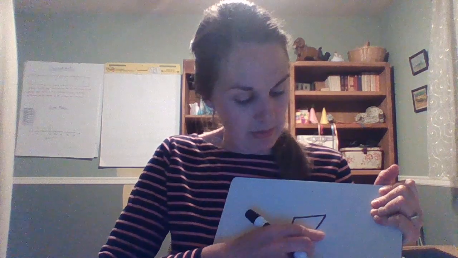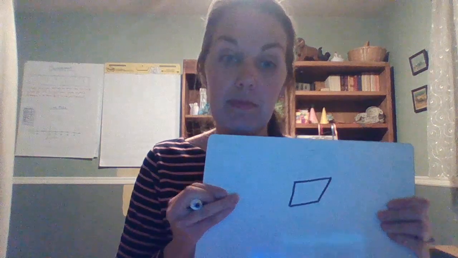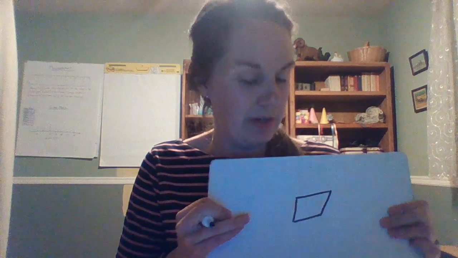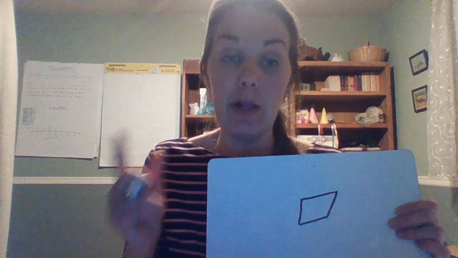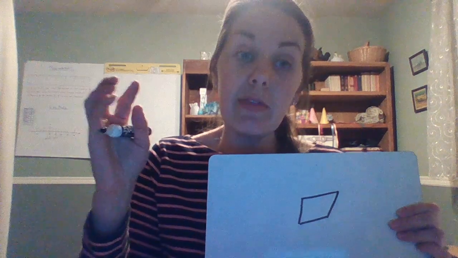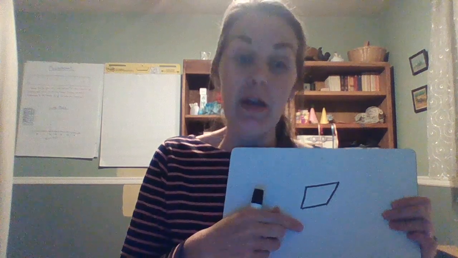So a parallelogram is just one type of polygon. Under that definition, we call it a quadrilateral because it has 4 sides. And under that category, we call it a parallelogram because it has 2 pairs of parallel lines that will never meet in time or space.